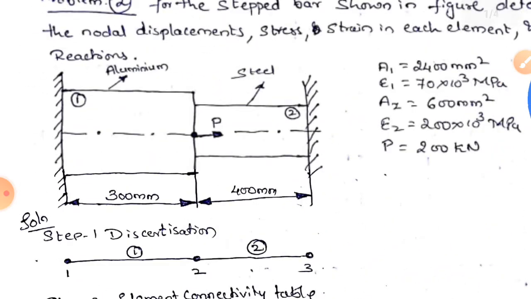To cross verify our results: when we analyzed this stepped bar, we predicted that aluminum is under tension and steel is under compression. The results we got match the predictions.